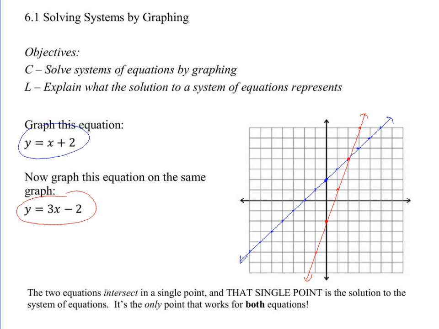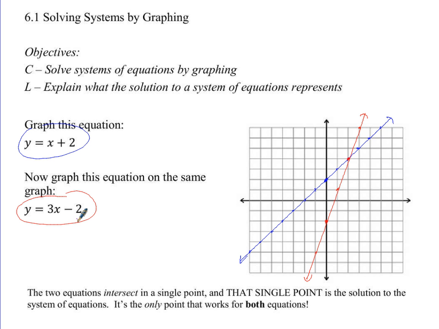So what happens here is the whole point of this chapter, basically. We just graphed this line in blue. Remember, when we graph, we're showing all of the ordered pairs that work for this one equation. So this line represents all of the ordered pairs that work for that blue equation. Then on the same graph, we graph this one in red.